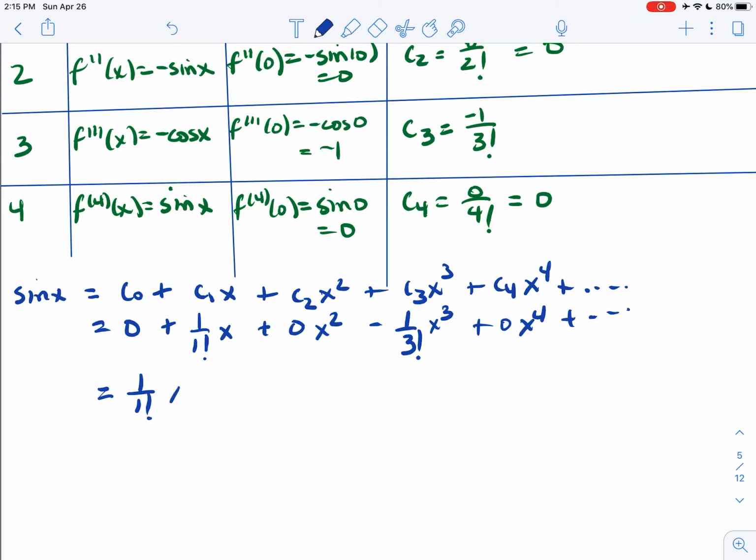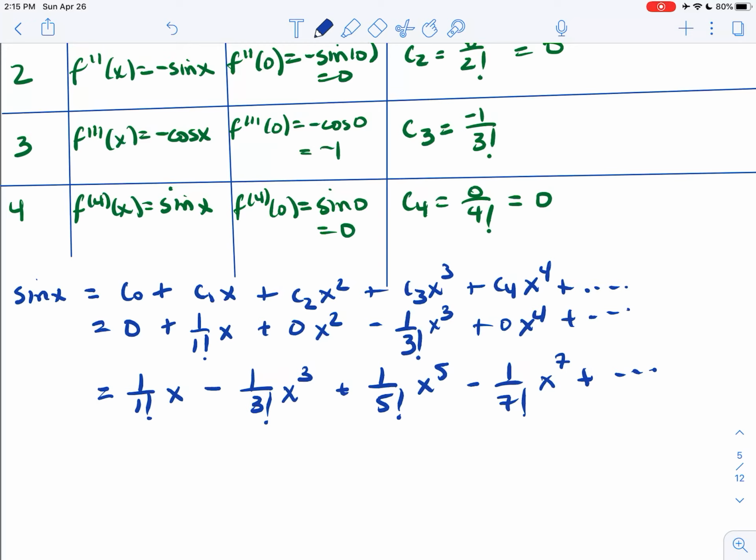And we are beginning to see that this is equal to 1 over 1 factorial times x minus 1 over 3 factorial x cubed. And if we kept going and cycling through, we would end up with plus 1 over 5 factorial x to the fifth, minus 1 over 7 factorial times x to the seventh plus dot dot dot.